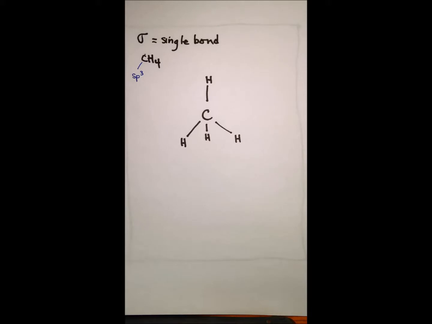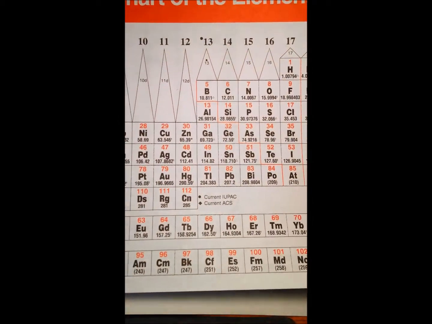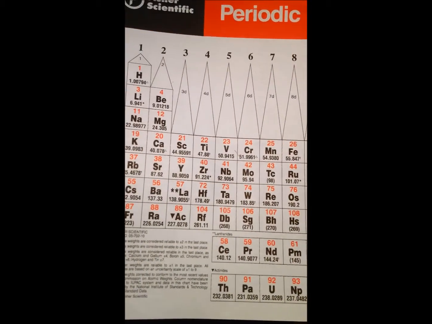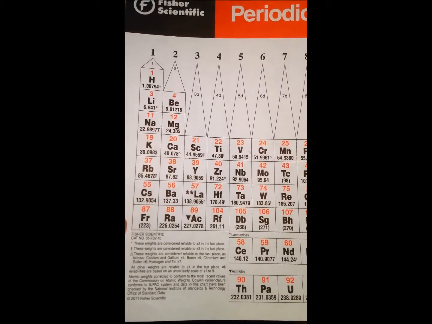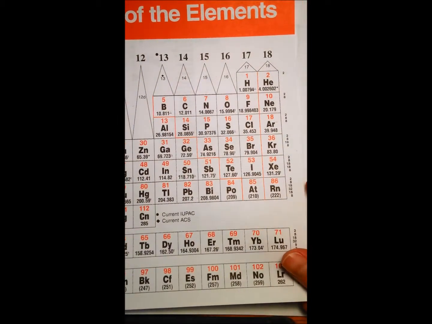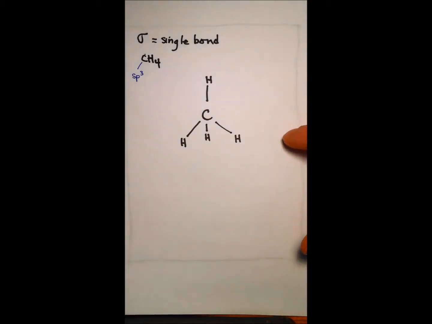Here's carbon, in the second row, and if I slide it over this way, the 2s is filled, and I have 2p2.